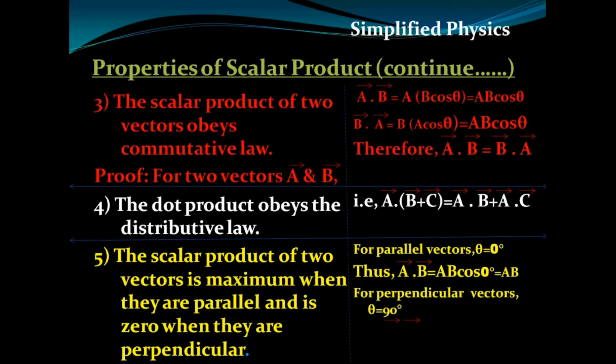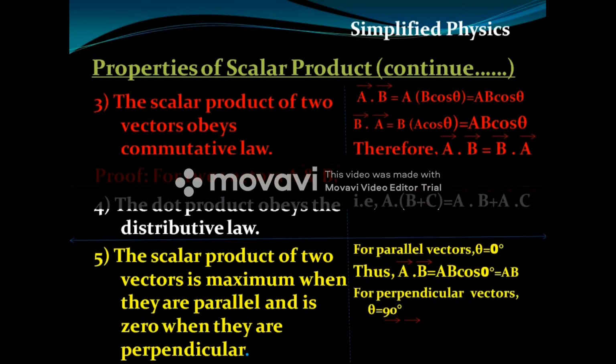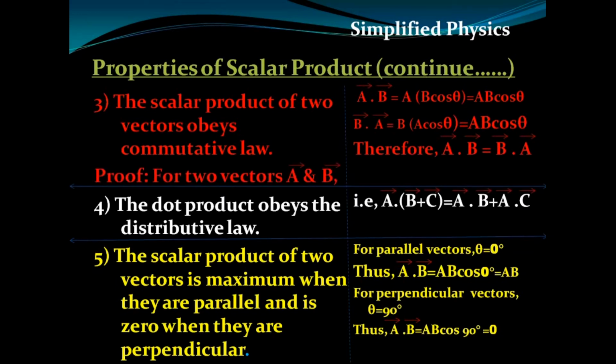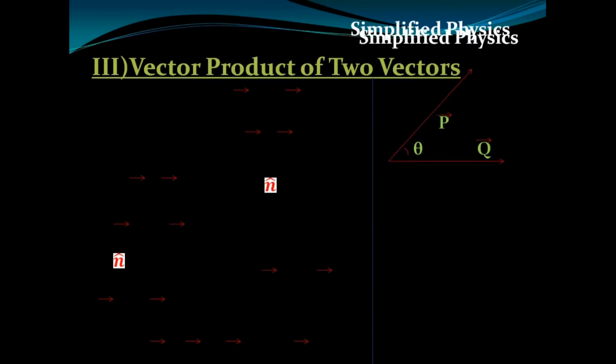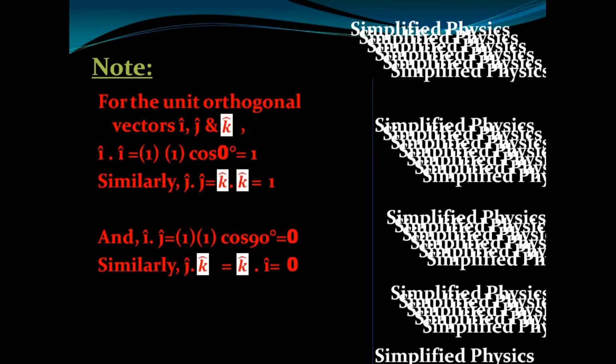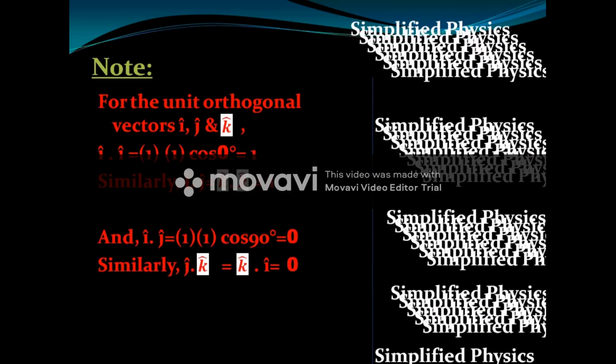And when theta equals 90 degrees, that means when the angle between the two vectors is 90 degrees and they act perpendicular to each other, a vector dot b vector will be 0.